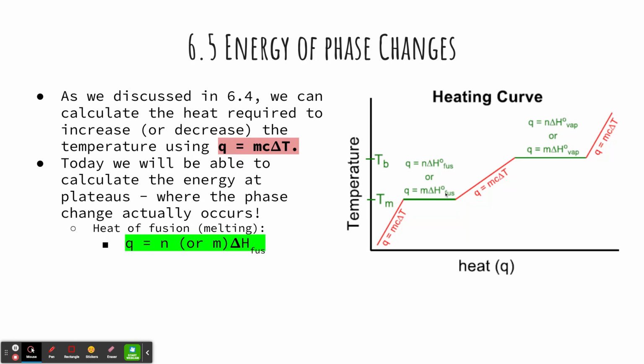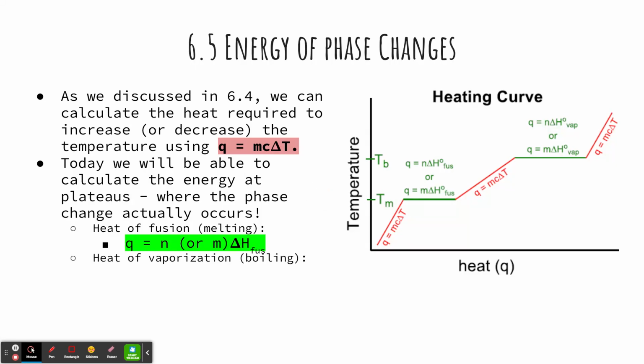So the question is, well, Mr. Edie, when to use moles, when to use mass? And the short answer is, guys, depending on what they're giving you in the problem. So if they give you mass, use Q equals M times delta H. If they give you moles, use moles. And of course, they could be asking you to find this. Use the units that they're given. Just keep it simple.